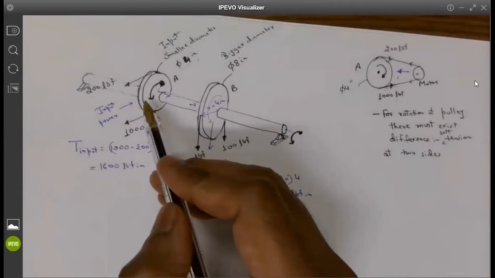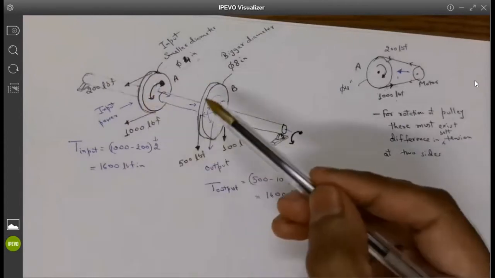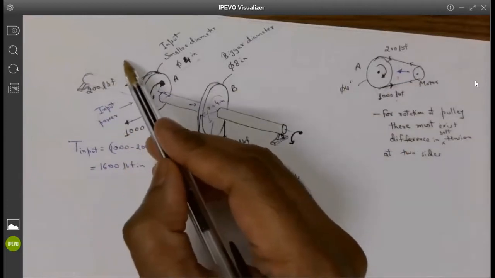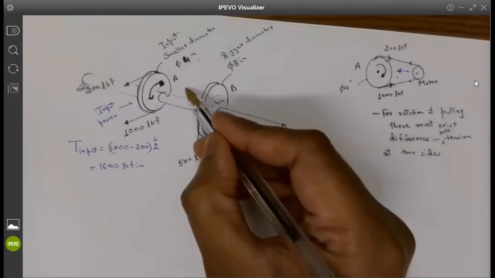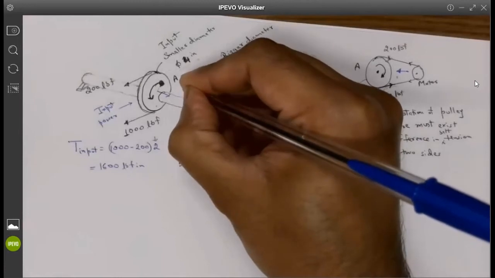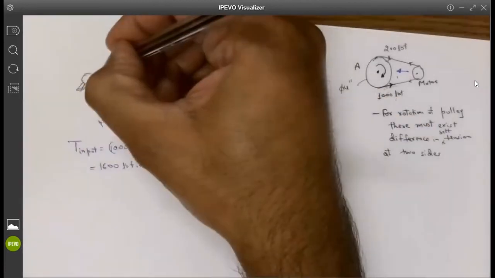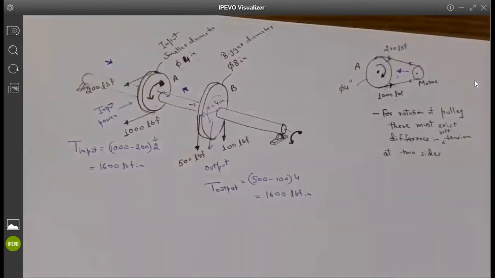So here what we have is basically two different views. We are looking from this side here, and here we are looking from this side. So this is just the representation. If the viewer is here, then it will be acting like counterclockwise. But if you are looking from that side, it will be the opposite direction.